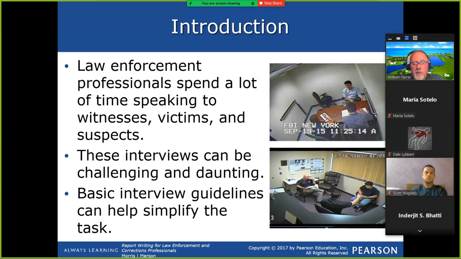And having some basic interview guidelines can help simplify what you're going to do, along with some strategies on where to interview a person, and not just how, but even setting up the interview room, because there are different strategies. A lot of times, one-on-one interviews, we don't like to do a lot of one-on-one interviews.